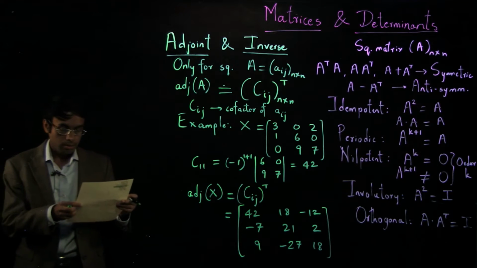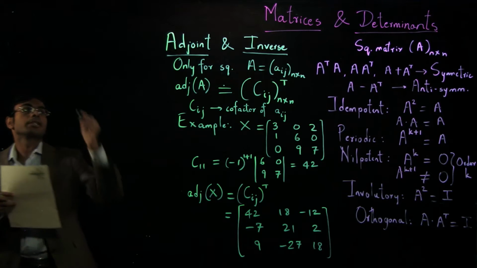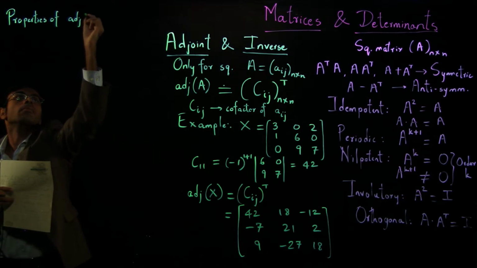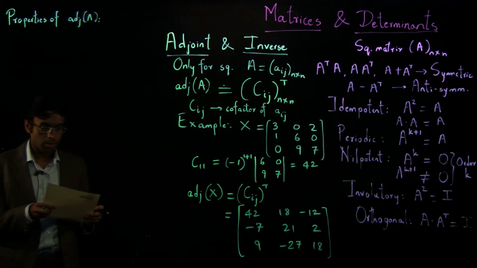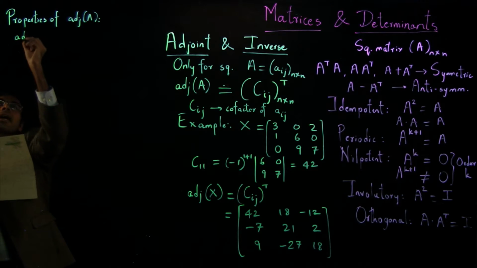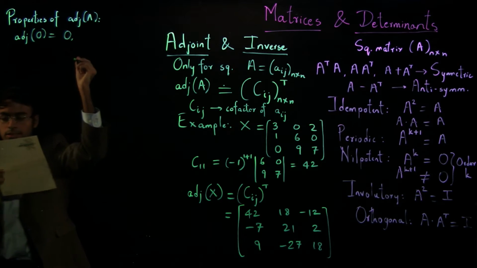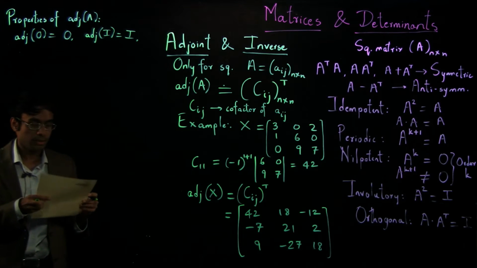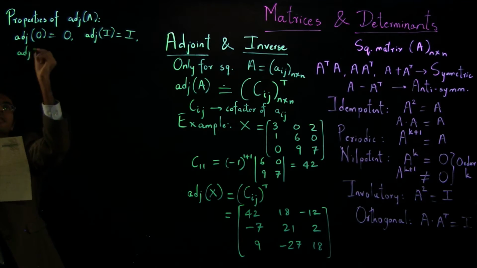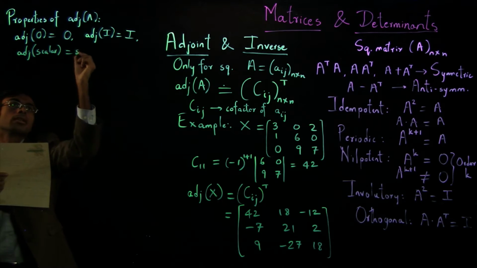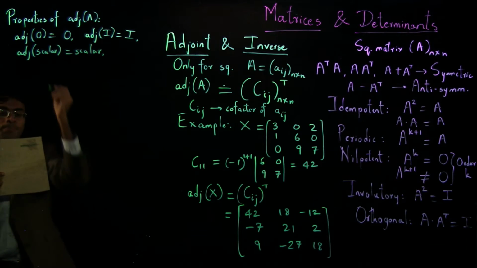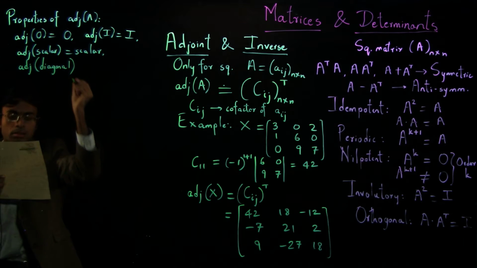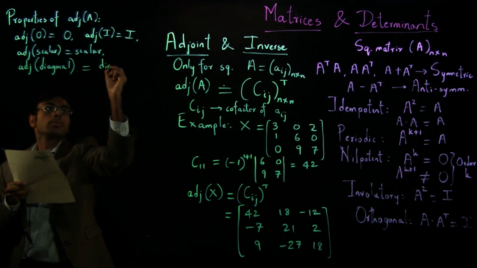So before we move on to inverse, we need to look at some properties of the adjoint. So for some special cases, like adjoint of the null matrix is again the null matrix, adjoint of the identity is again the identity matrix, adjoint of a scalar is a scalar, adjoint of a diagonal matrix is also a diagonal matrix.